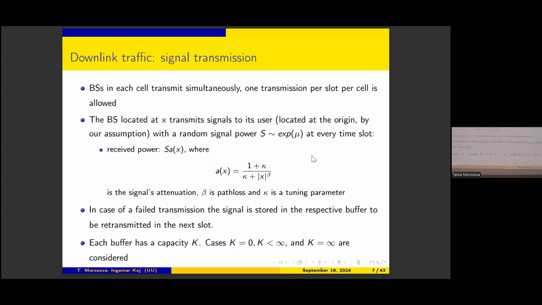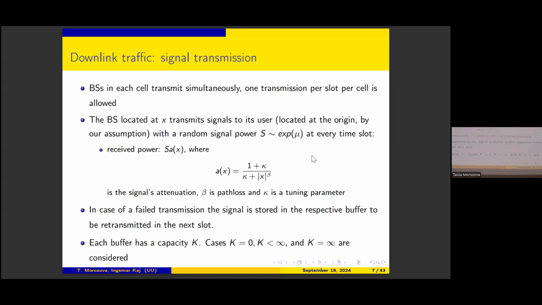And this A(x) here is the attenuation function, which might look a bit different from how it normally looks because we have an additional parameter kappa here. I don't think this parameter has a physical interpretation. The main reason we put it into this function is that we did not want to have a singularity at 0, so we wanted to bound the function.